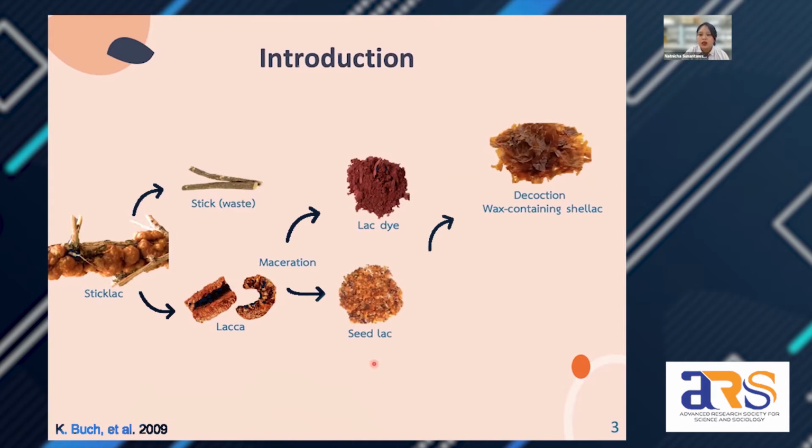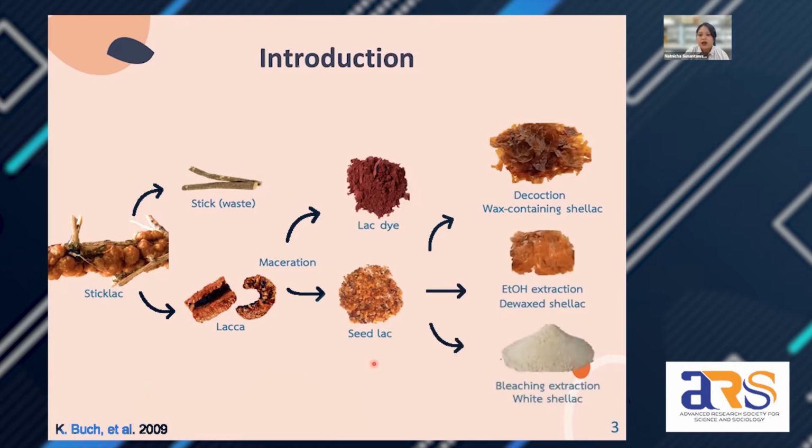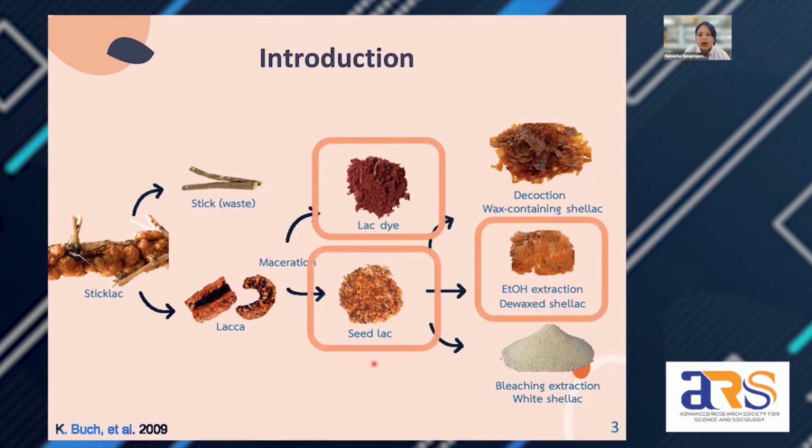First, decoction to get wax containing shellac. Second, ethanol extraction to get dewaxed shellac. And third, bleaching extraction to get white shellac. In our study, we are interested in 3 LAC products, which are lac dye, seed lac, and dewaxed shellac.